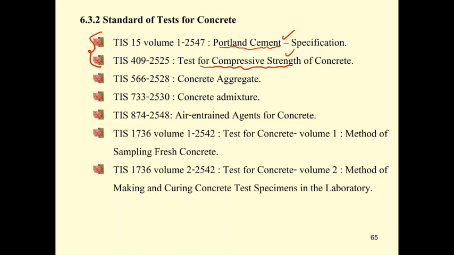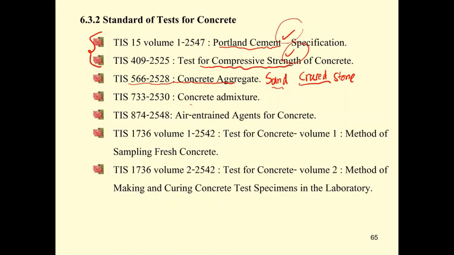There is something else for the concrete aggregate, which is for the sand and the crushed stone. But mostly it's pretty hard to do this test. In our contract, mostly we are involved with these two.